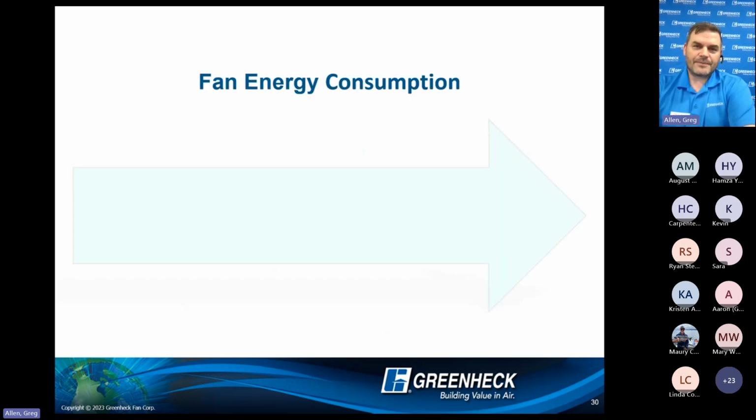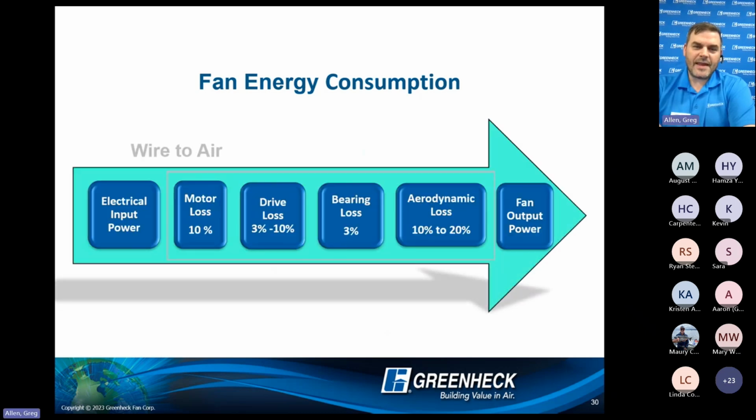Fan energy index is a single value that represents wire to air efficiency, right? It's a really good look at fans. And this is a value that I can present to you. And just looking at it, you can see, was this fan picked in its efficient zone of operation? Or was this fan picked in an inefficient place of operation?